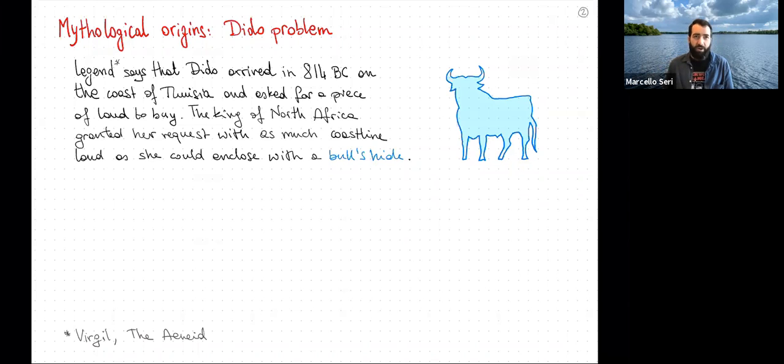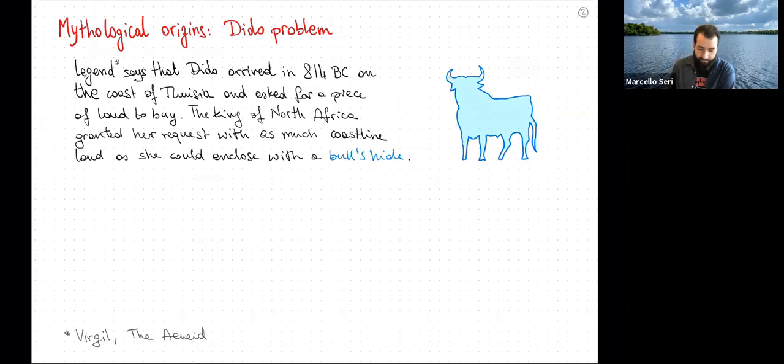And at a certain point, for a reason, she decides to leave with lots of gold. And what happens? She arrives on the coast of Tunisia and asks the king there if she could buy a piece of land to settle. And the king, thinking of being smart, says, okay, you just take the bull's hide, whatever you can enclose using that, that's yours.